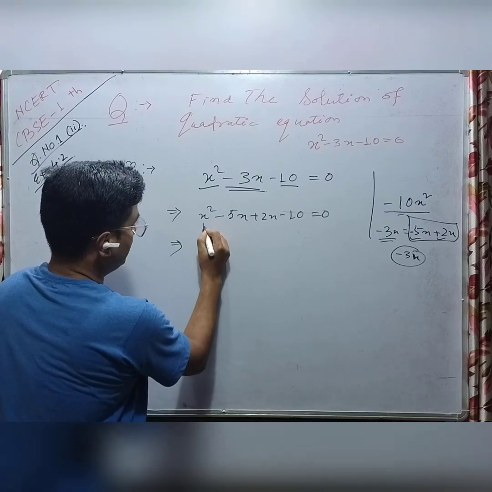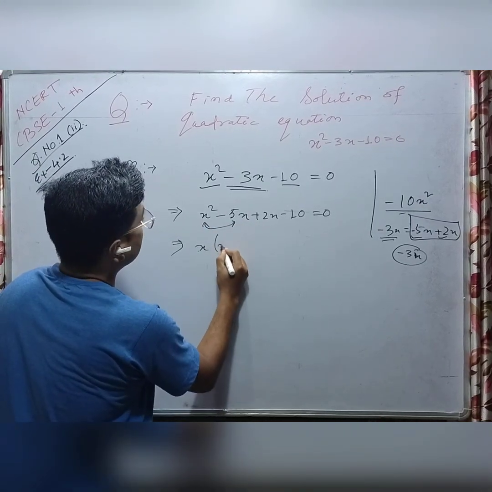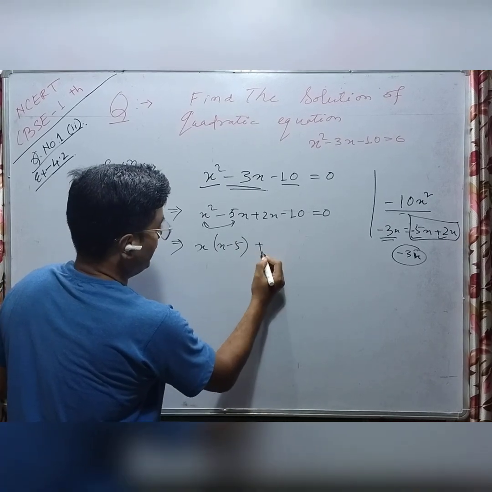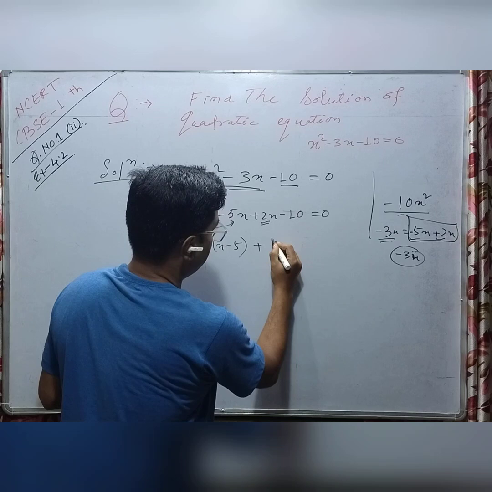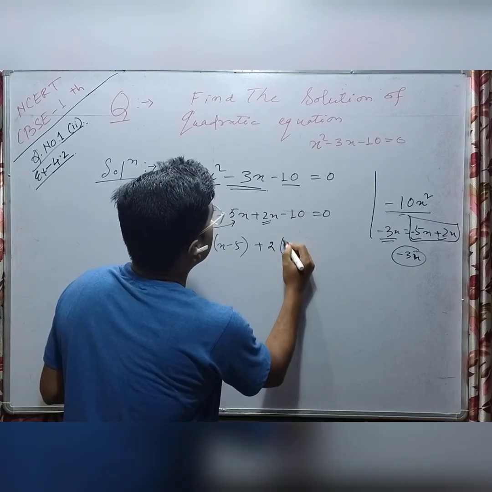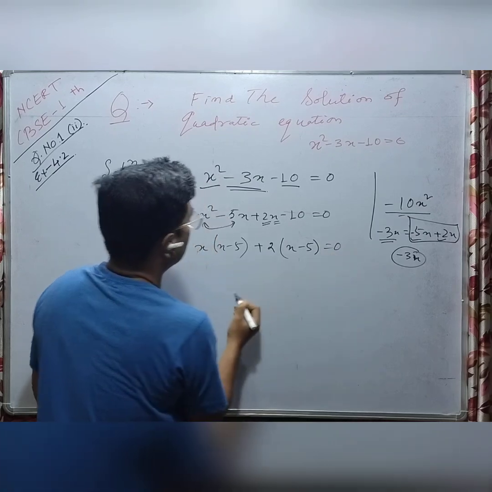Now taking x common from these two, x square minus 5x, we get x into x minus 5. Similarly, taking 2 common from these two, 2x minus 10, you will have 2 into x minus 5 is equal to 0.